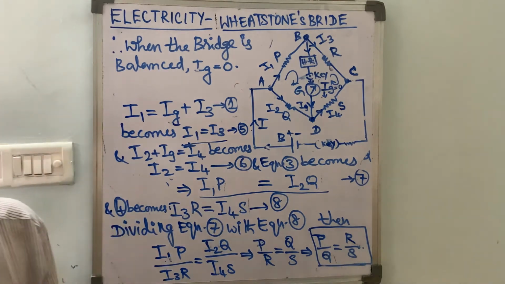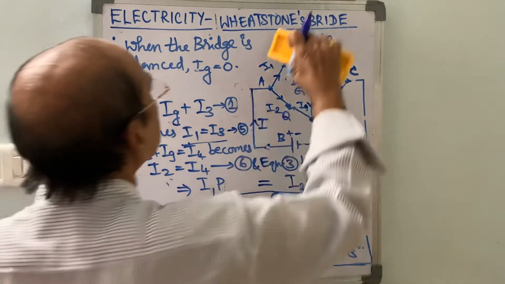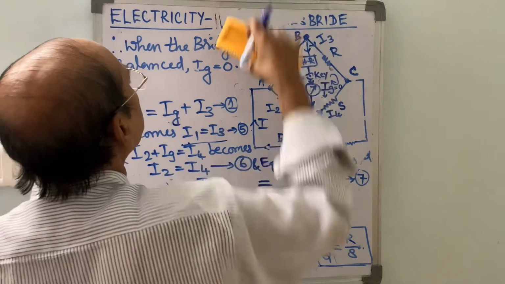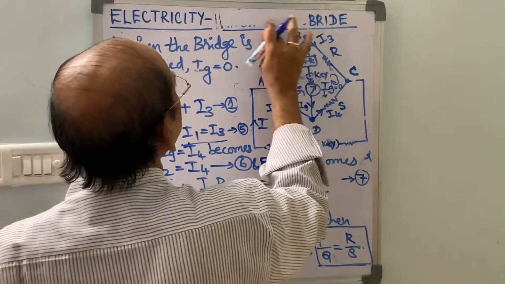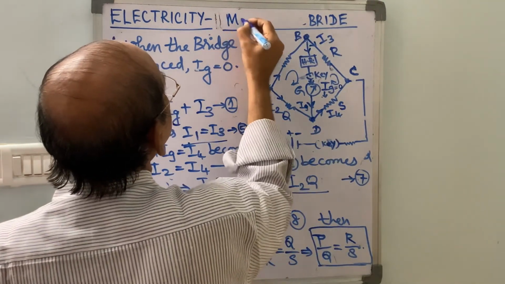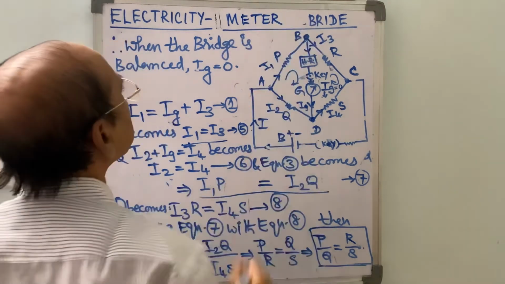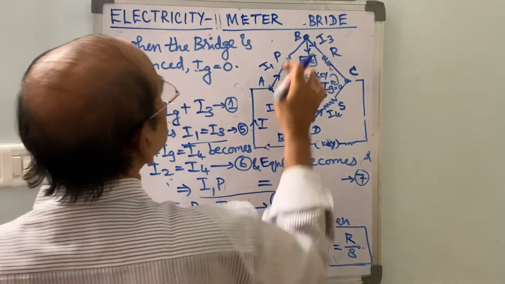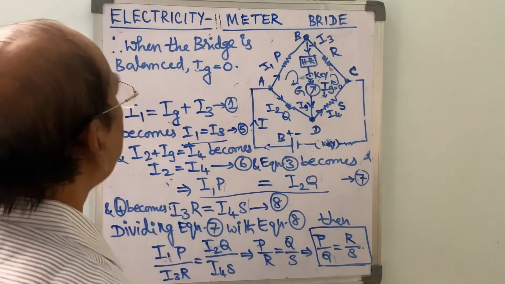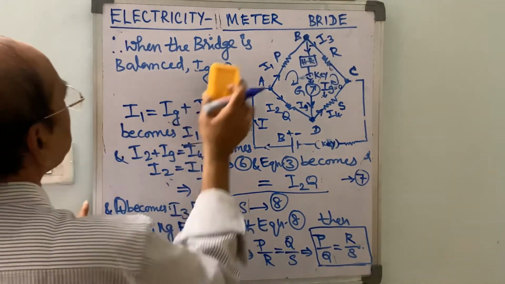Now, based on this Wheatstone bridge principle, the meter bridge is designed to find the specific resistance of the given wire and also the resistance of the wire.